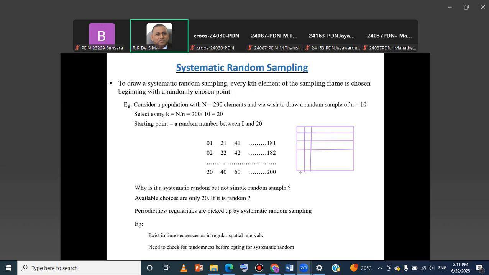Give me a random number between 1 and 100. Somebody says 81, you take the 81st sample. Another says 74, you take 74. Another says 12, so you take the 12th sample. Likewise, you take 10 samples from random numbers.